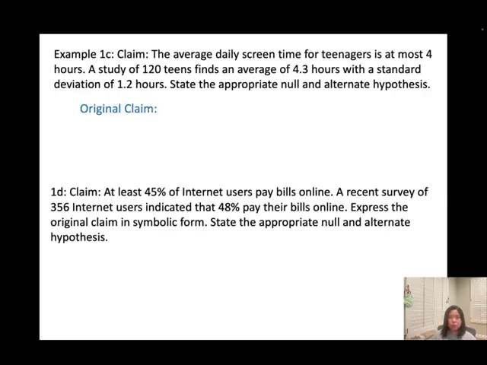Think about which population parameter it will be, mean or proportion. They're talking about the average screen time, right? So they're talking about the mean. And at most, that will be the inequality of less than or equal to 4.